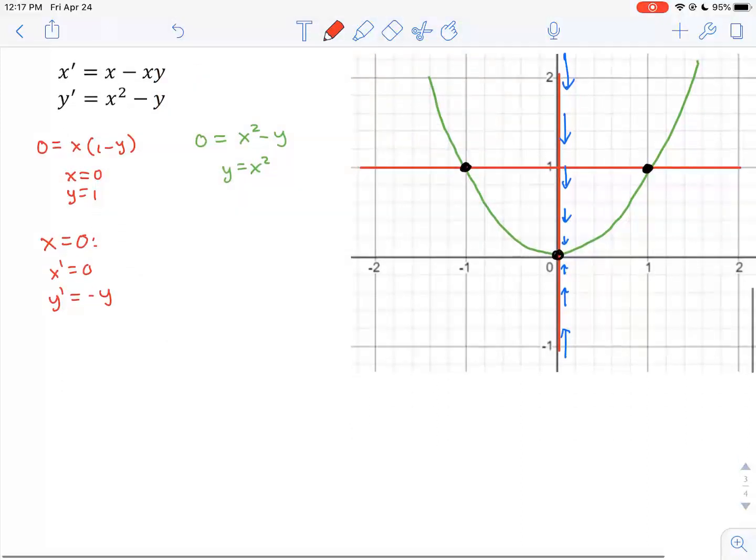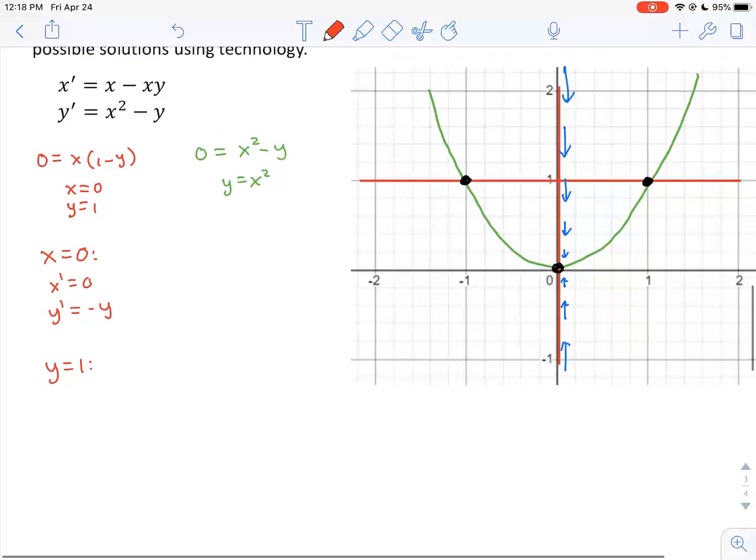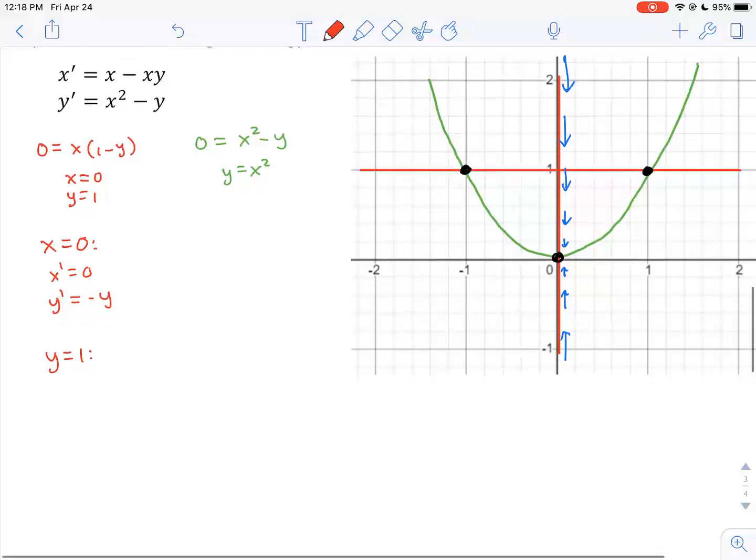Let's do the next one, at y equals 1. Plug y equals 1 into the differential equations. We're going to get x prime is going to be 0. That's not surprising because y equals 1 is part of the x nullcline. And then plug y equals 1 into the other equation.